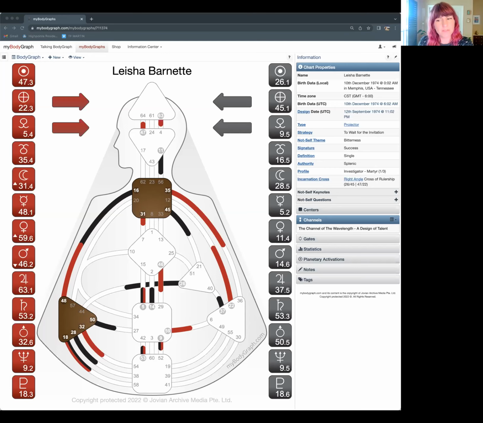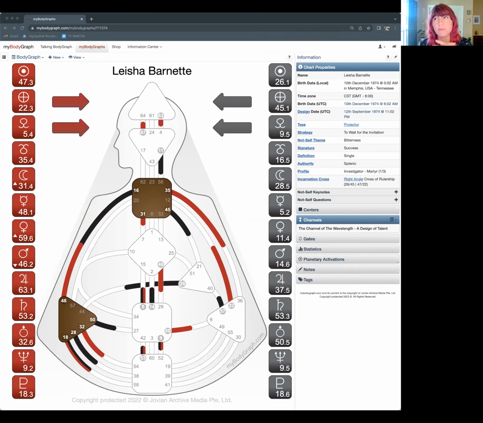The not-self of the defined head and ajna is the other side of the coin, because it's beautiful to have this fixed way. It's beautiful to inspire others. It's beautiful to have this fixed way of thinking and to be here to figure out the answers, that's lovely. The other side is you can turn that mental pressure on yourself, and allow yourself to go deep into the anxiety.